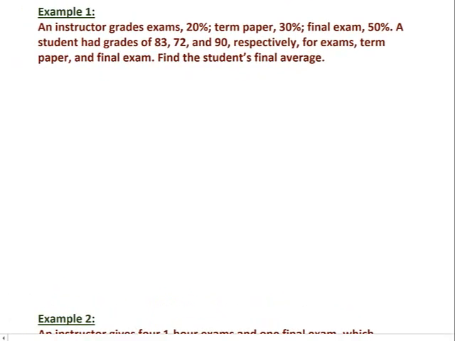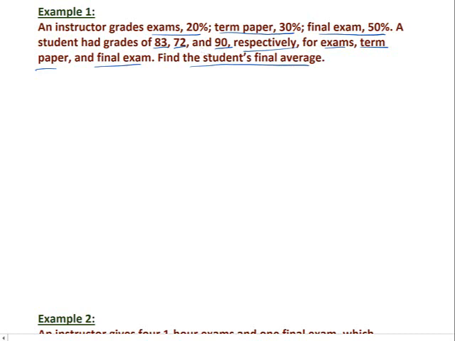Here we have example number 1. An instructor grades exams 20%, term paper 30%, final exam 50%. A student had grades of 83, 72, 90 respectively for exams, term paper, and final exam. We need to find the student's final average. It is not right to just sum 83 plus 72 plus 90 divided by 3.